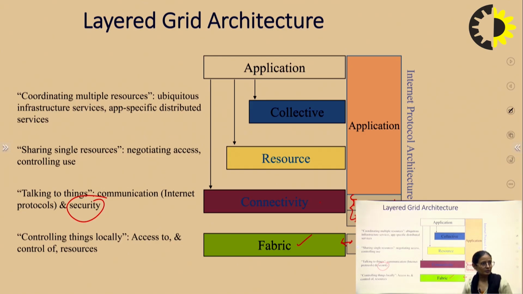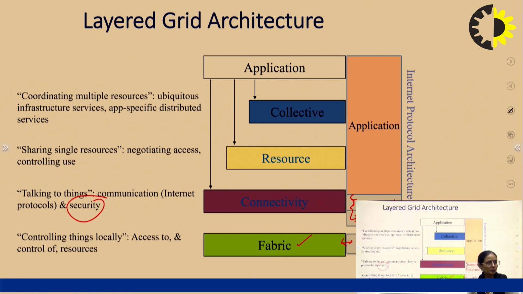On the collective layer, we coordinate multiple resources, whereas single resource collaboration is done in the resource layer. For multiple resources we have the collective layer, and here we have ubiquitous infrastructure services, app-specific distributed services, and so on.